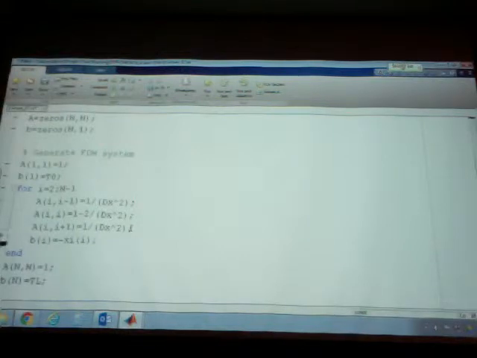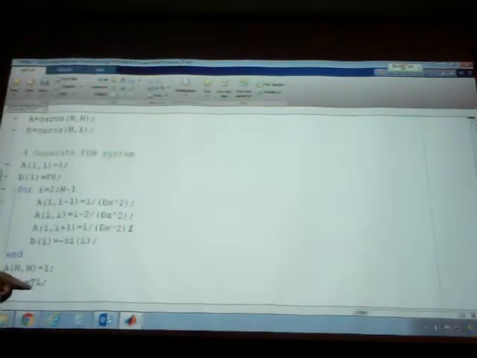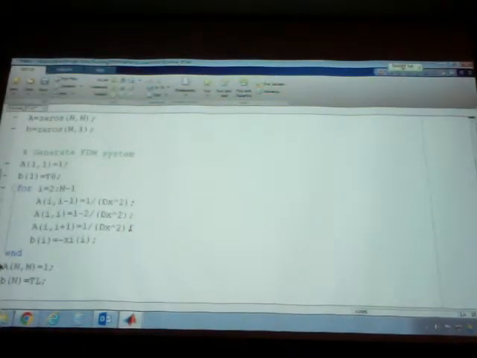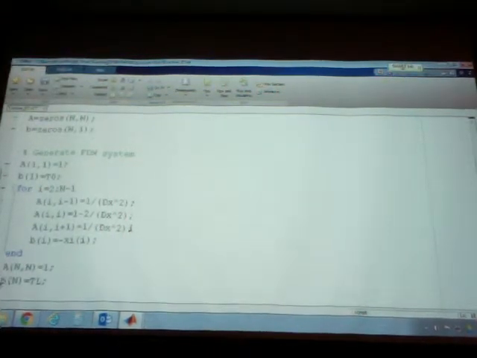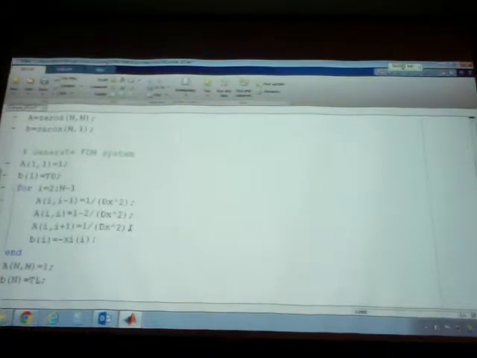All right, and the right-hand side vector B, which contains the generation term, which is minus xi. The equation looks like the second derivative of T with respect to x squared plus T plus x equals 0, so we send that x to the right-hand side, and it ends up being that. And the last element of the matrix, because we also have a first-kind boundary condition, is A at n, n, the last diagonal, equal to 1, and the right-hand side vector is equal to TL.